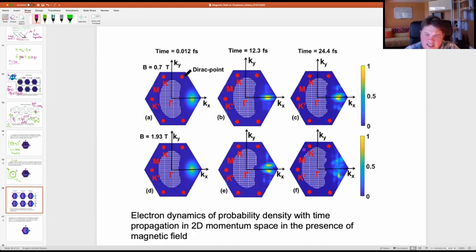Is it possible to say that when we have smaller field and longer time, the shape is approximately the same as if we have larger field and shorter time? Is there similarity between these different time points in different time steps?